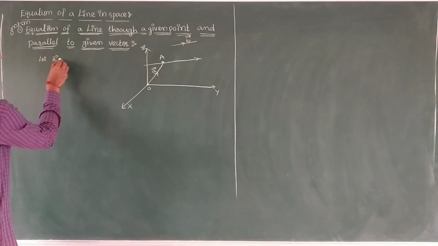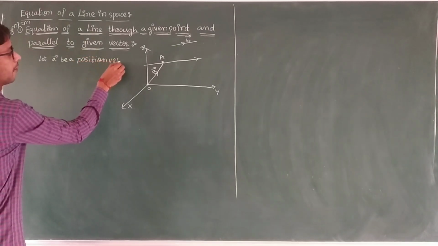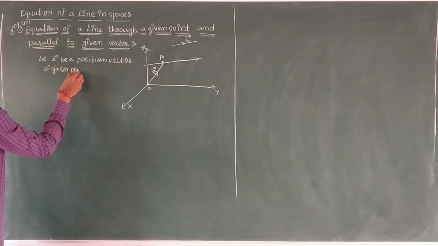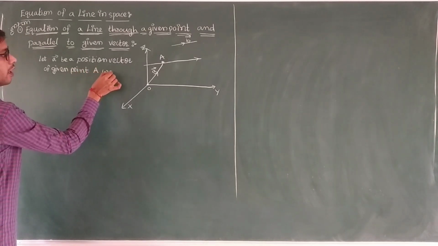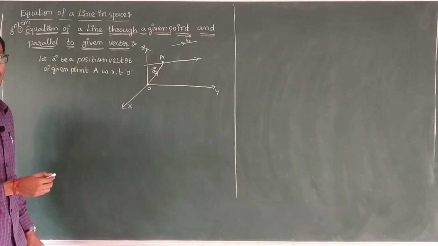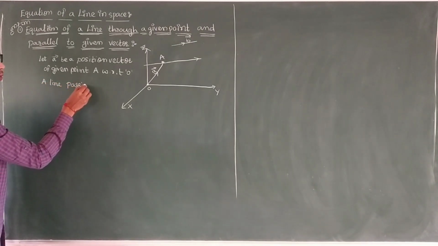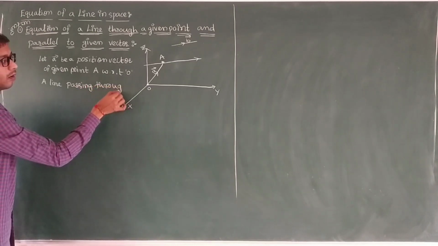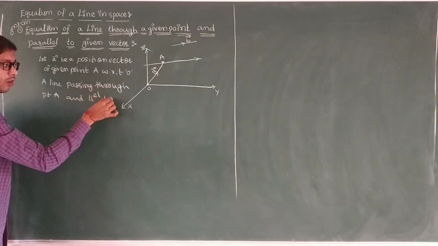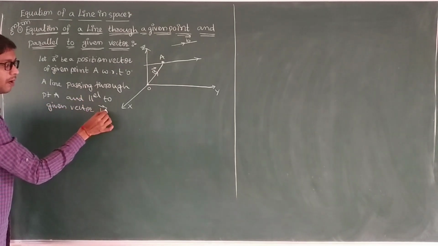Let A bar be the position vector of the given point A with respect to origin O. A line passes through point A and is parallel to the given vector B bar.